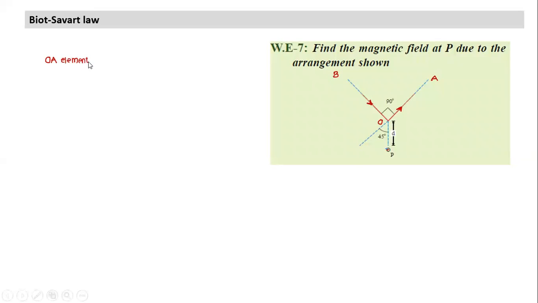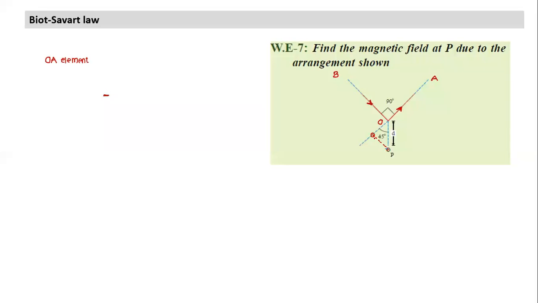First thing you do, you drop a perpendicular from point P. But if I drop a perpendicular, I have to drop it on the extension of the element. I have to extend this line element, and whenever I have to extend, it's actually a minus sign. If the dropped perpendicular does not fall onto the line element, I have to use a negative sign.